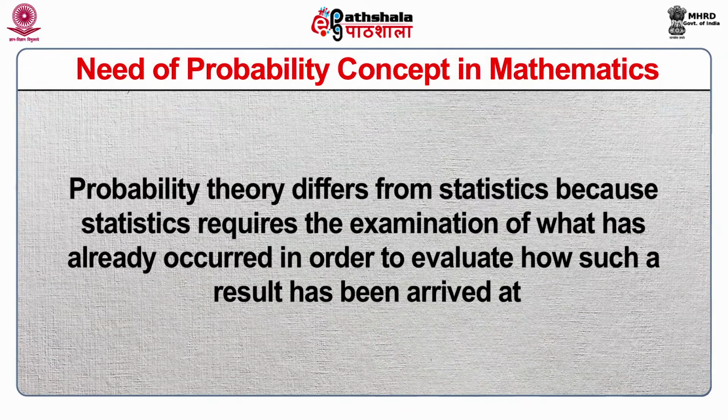Probability theory differs from statistics because statistics requires the examination of what has already occurred in order to evaluate how such a result was arrived at. One very frequent use of probability is the determination of events that are effectively impossible to predict quickly when a random decision needs to be taken.